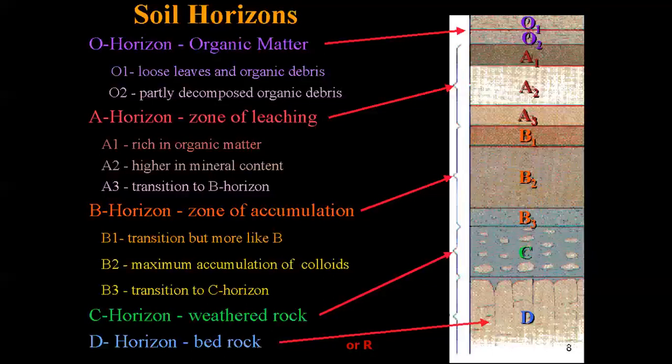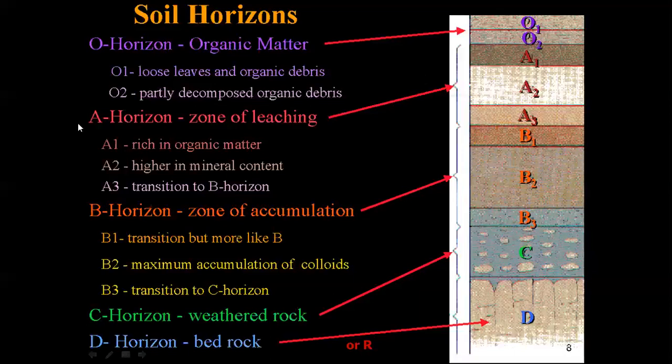These are the soil horizons. So we'll start with the O horizon. The O horizon is organic matter. And what you see at the top is the loose leaves and the organic debris that generally collects on the surface of any vegetated area. And just below that, you get partially decomposed organic matter. So this is the O horizon.